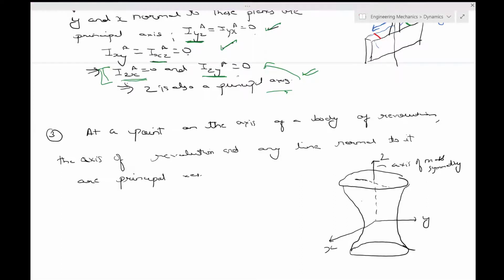Okay, so now let this come out like this. So this is the plane YZ of mass symmetry.